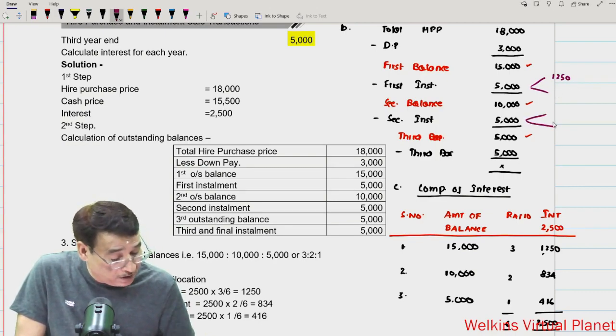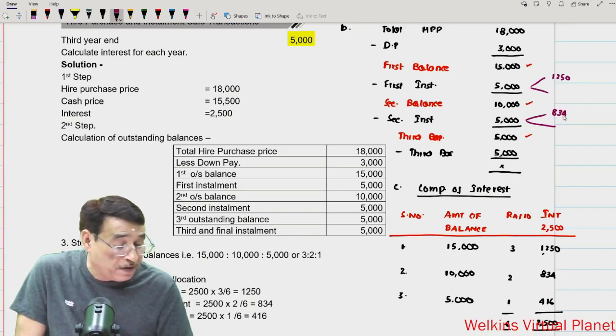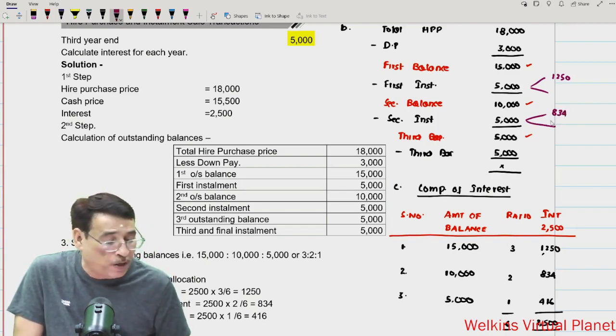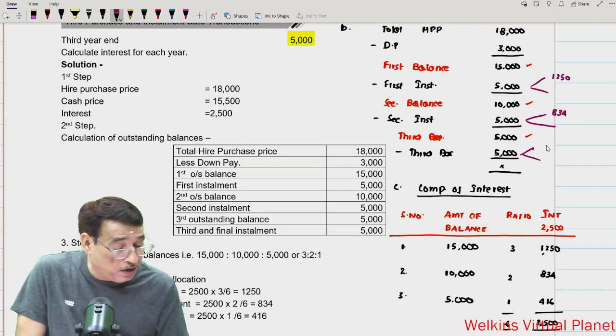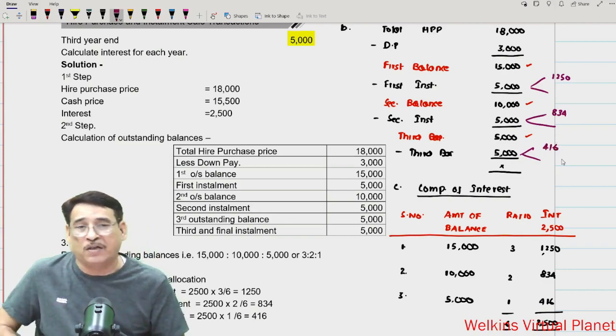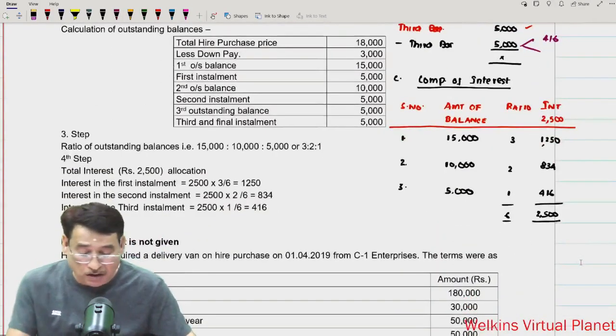Similarly, your second installment contains 834 as interest element, and the balance will be your cash price portion. You need not do this, your solution is already over. Just to make you understand. Similarly, your third installment contains 416 as interest and the balance as cash price portion. This is how you are going to compute. I have solved this question also here.